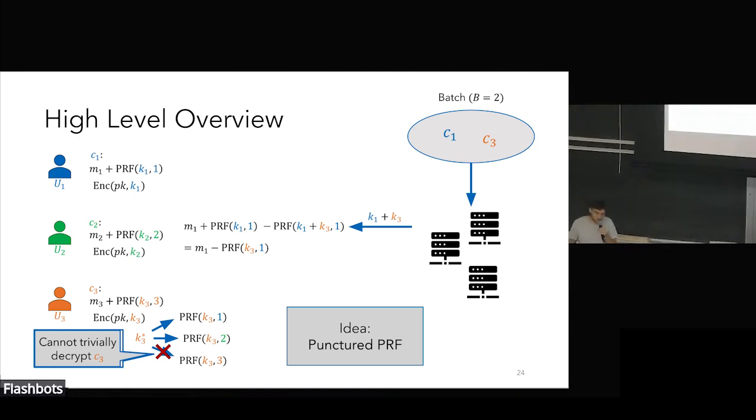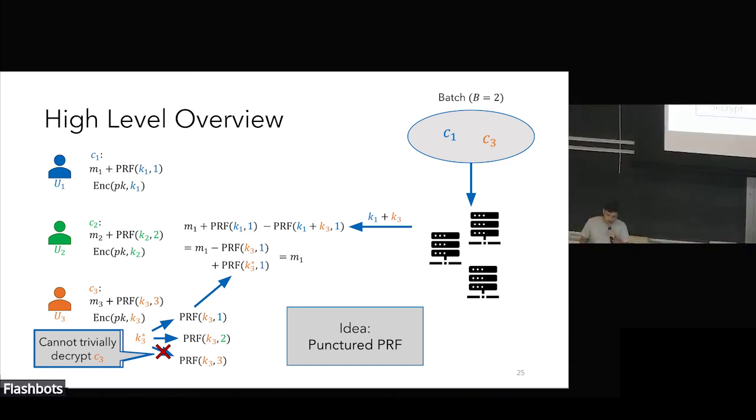So K3 star can be used to evaluate at any index except the punctured index 3. This is important because if we want user 3 to attach this punctured key to a ciphertext, and it were possible to evaluate the PRF at index 3 with the punctured key, then you could trivially undo the mask and recover M3.